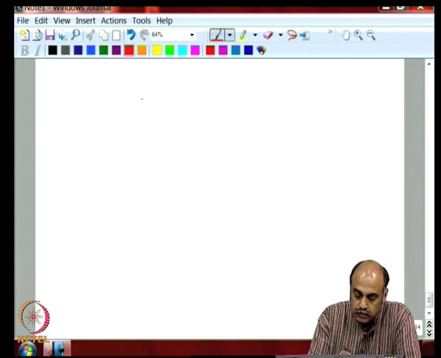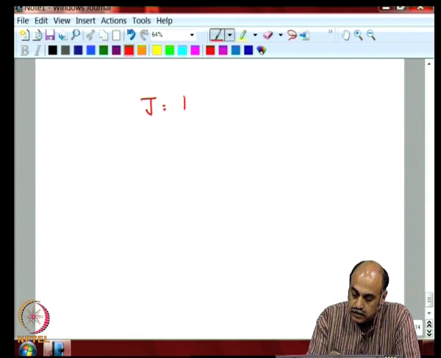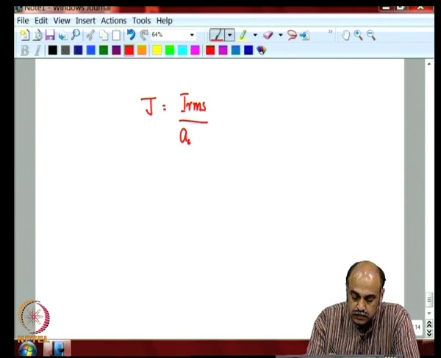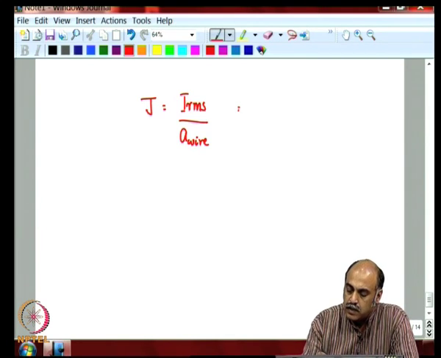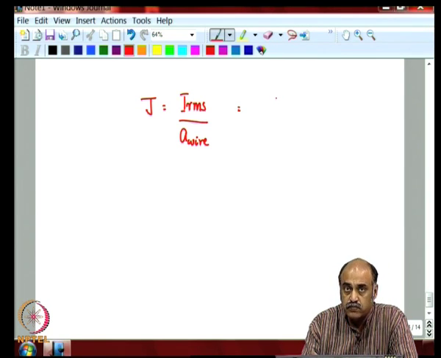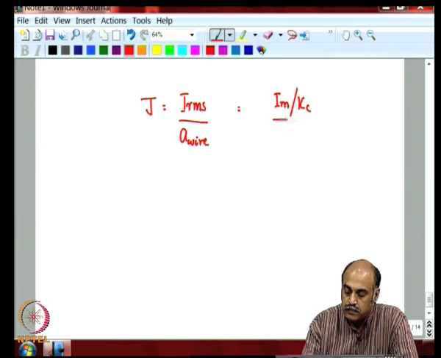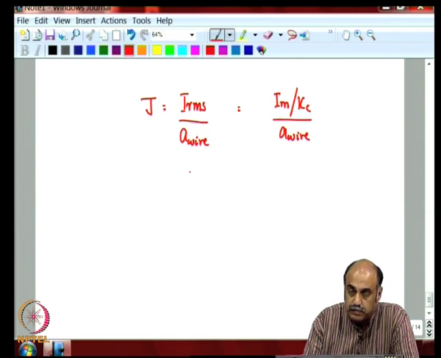So, J, the current density, is I RMS by the area of cross section of the wire. Now, I RMS can also be written in terms of a crest factor. I RMS is nothing but Im, the peak value, by crest factor, by A wire, just to put everything in terms of the peak value.